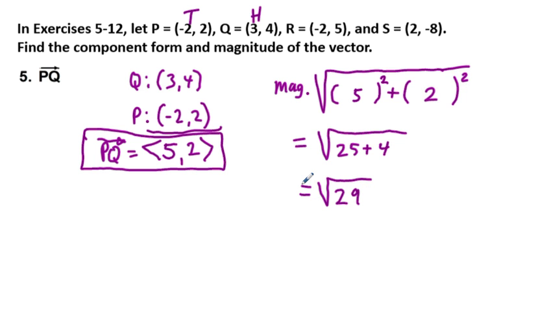I don't think that can be simplified. And that's our magnitude. Magnitude equals square root of 29. Distance formula, Pythagorean theorem, that's all it is.